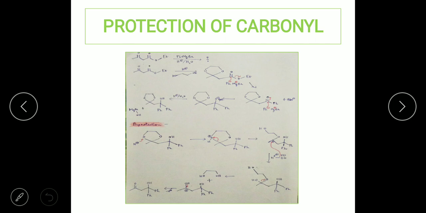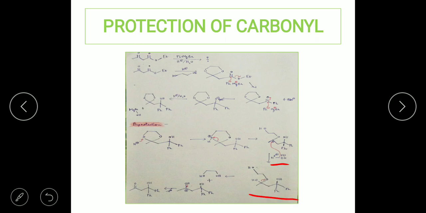And now in the presence of a water molecule, because we have made use of water as well, the nucleophile is going to attack the carbocation, and this is how this intermediate is going to form.